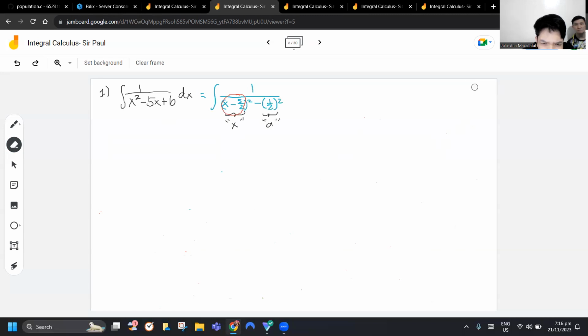So first let's assign x and a. Once we complete the square and do everything, you can assign x. X is the term with x, of course, and then a is the remainder from the completion of the square.